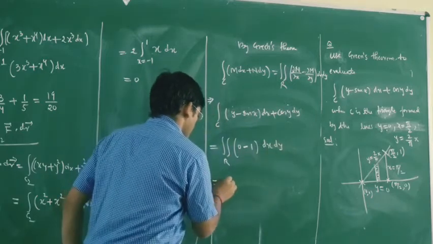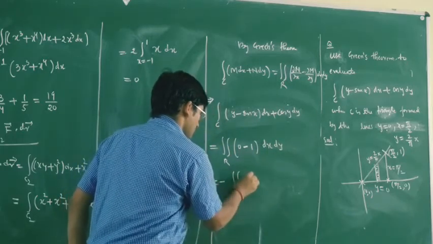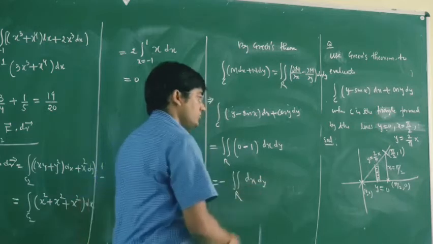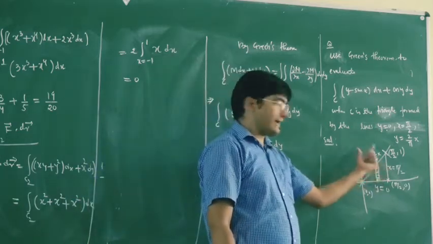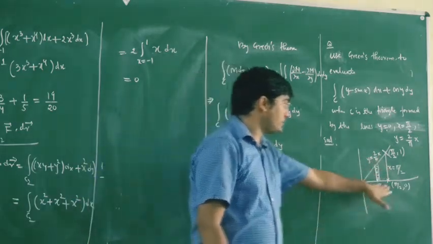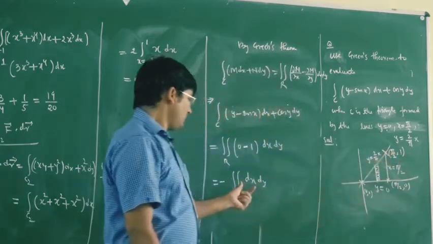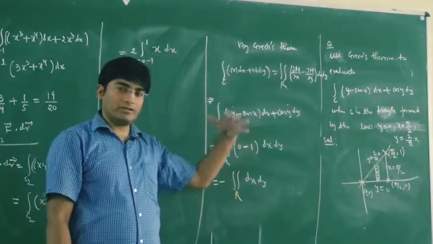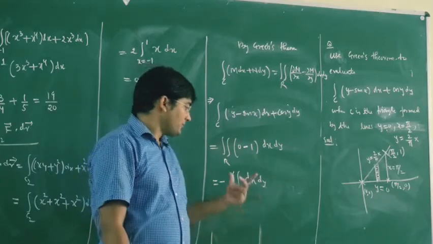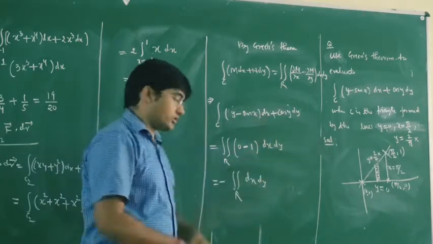So we have the area of this triangle. As we have 3 points, if you wish to find the area of a triangle, you can directly find it with the help of the formula. But here I am using double integration.